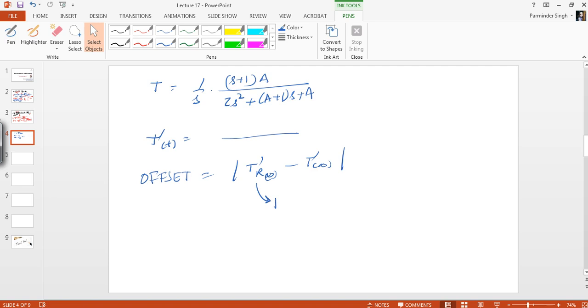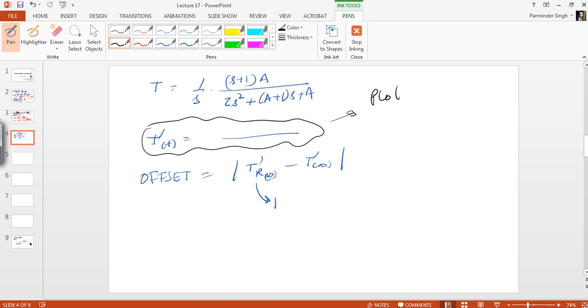But in order to solve this fully, we need partial fractions, and then we can find T dash T. But we don't require this expression. That expression is only needed when we want to plot the response with time. Clear? But for the offset, we know how to calculate T dash at infinity.